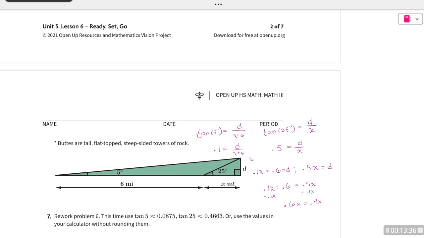If you don't want to deal with the decimals, just multiply everything by 10, which gives us 6 equals 4x. So if we divide both sides by 4, we get 6 over 4, or 3 halves, for x.